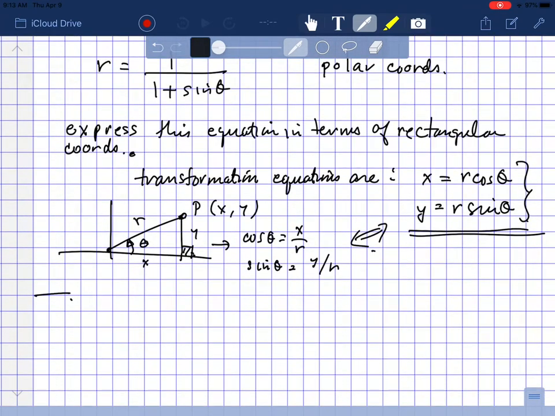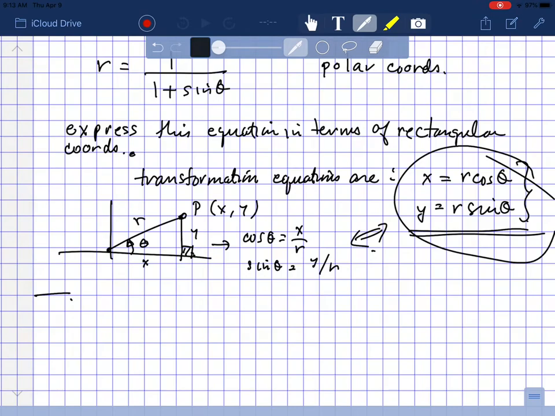And so it's almost immediate how these equations can be derived. So even if you forget the equations, you can always draw this right triangle and derive them.